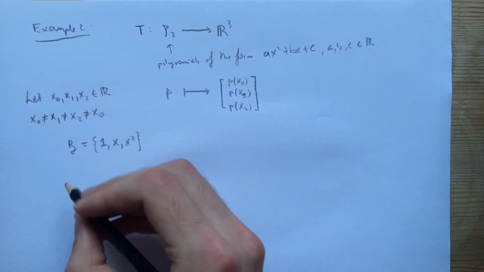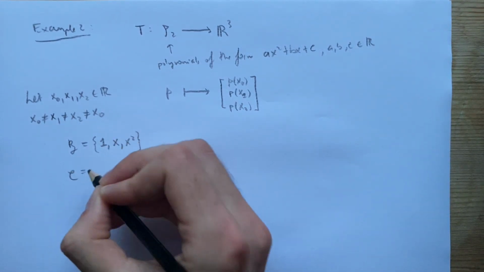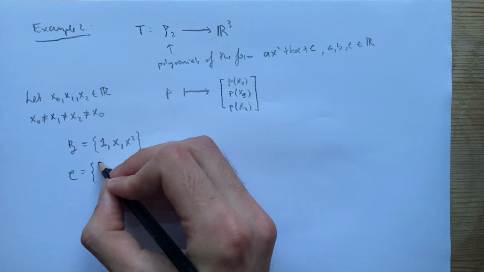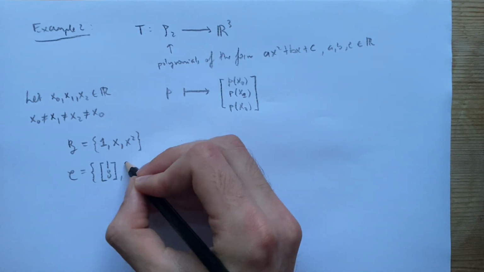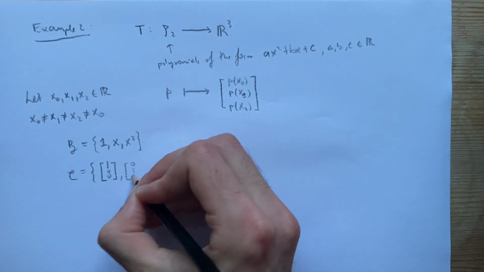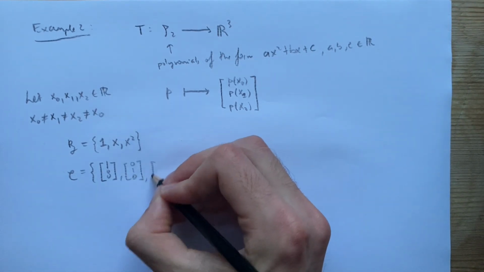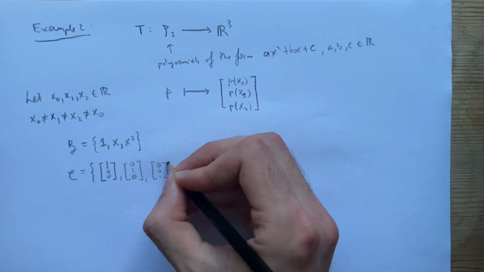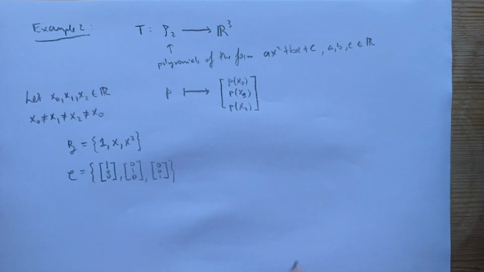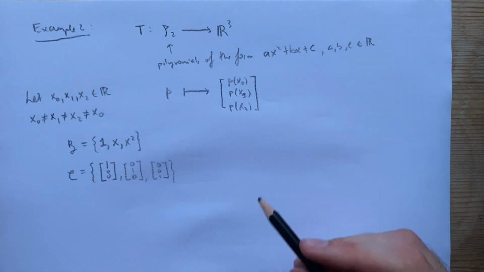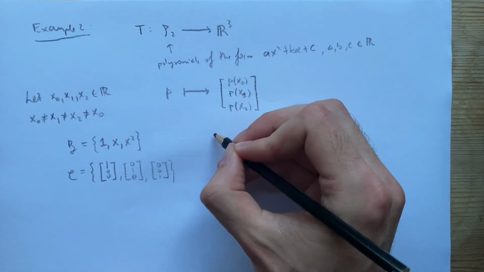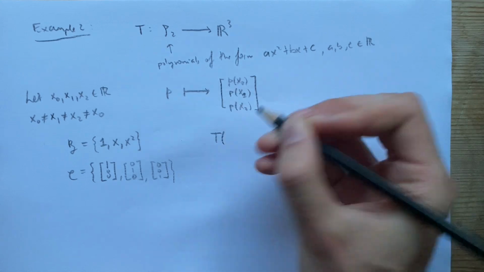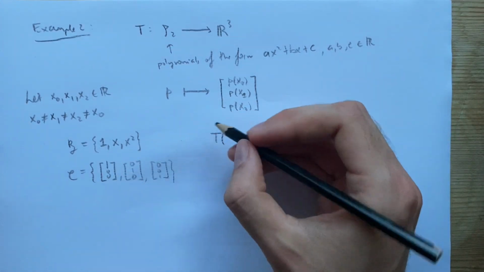And then, as before, we will take C, the canonical basis of R3, which is given by the three vectors (1, 0, 0), (0, 1, 0), and (0, 0, 1). And now our task is just to determine the image under the transformation of these three basis vectors.